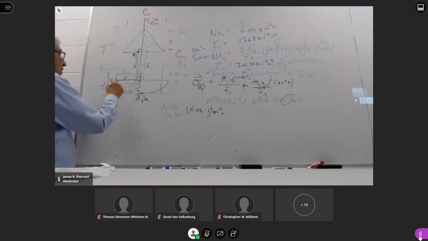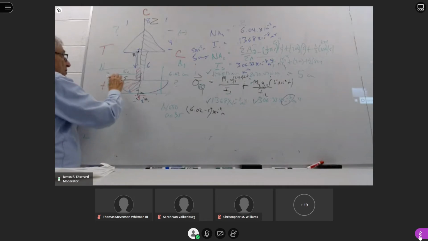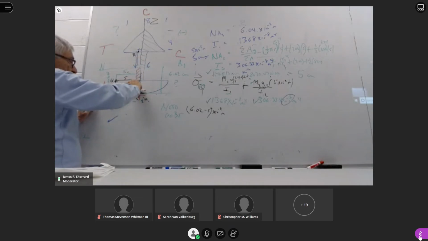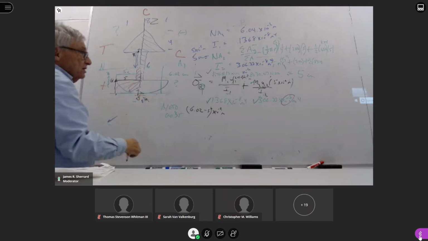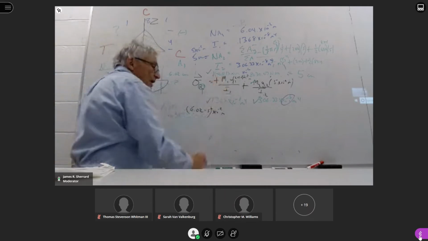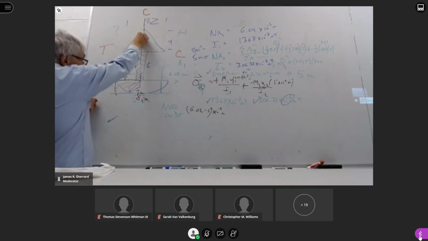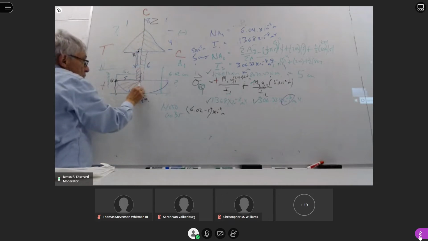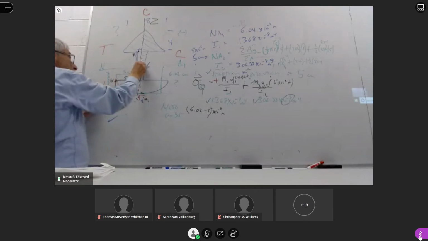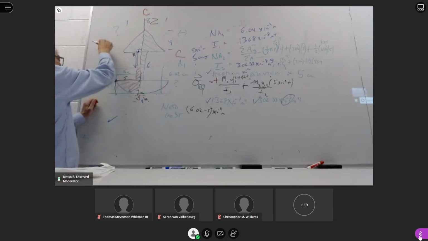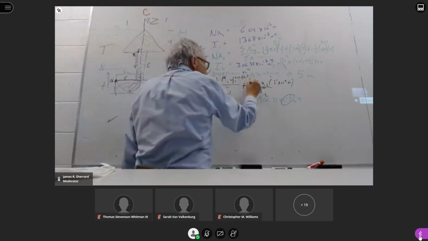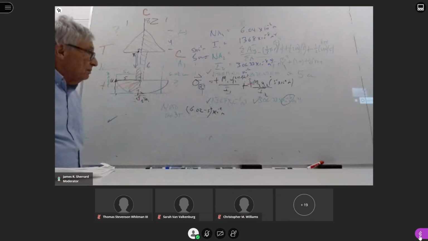If we look at this guy, this point is below this neutral axis. Everything below the neutral axis is in tension. That sign is positive. If we look at this neutral axis, everything on this side of the neutral axis is also in tension. So that value is also plus.